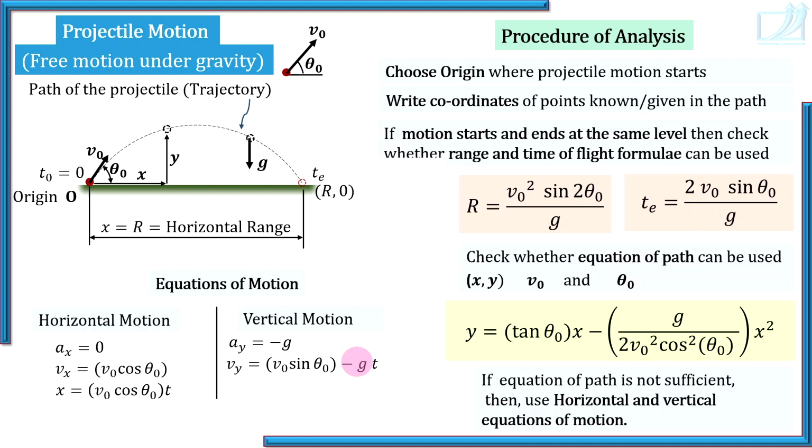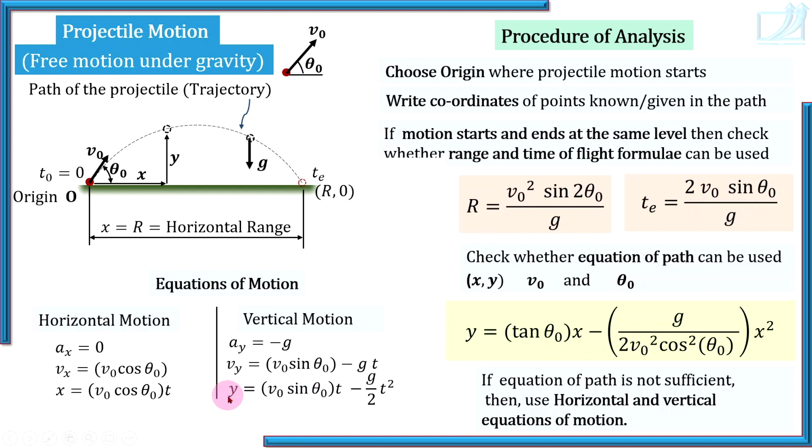This is vertical acceleration. And y is equal to ut plus half at squared plus y0. Y0 means initial y coordinate. It is 0 because the point where motion starts, we have chosen as origin. So we need not mention y0 here. So have you realized it is the same regular uniform acceleration motion formula, x is equal to ut plus half at squared.